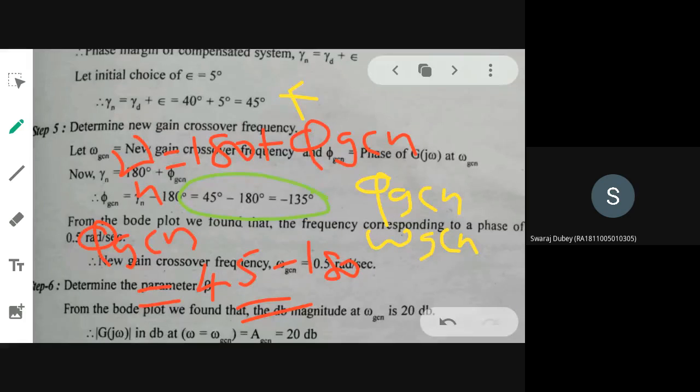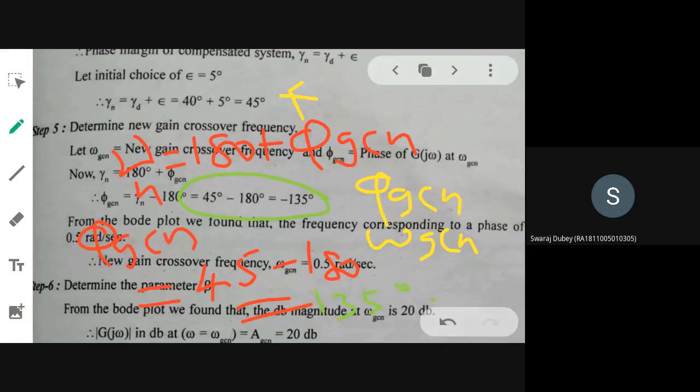First step after drawing the Bode plot is to fix some phase margin value using what formula? Gamma n equals gamma d plus epsilon, where epsilon's initial value is 5 degrees. Next, for that fixed value we determine the new value of phase angle at omega gc. What is the value that you got?